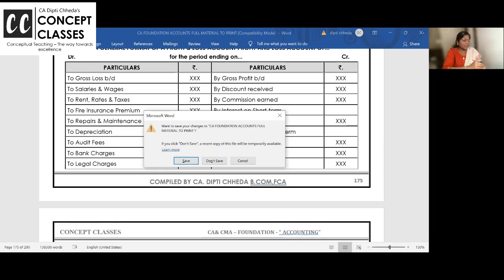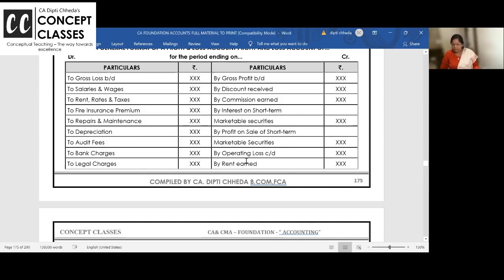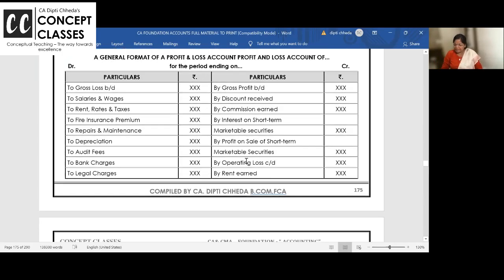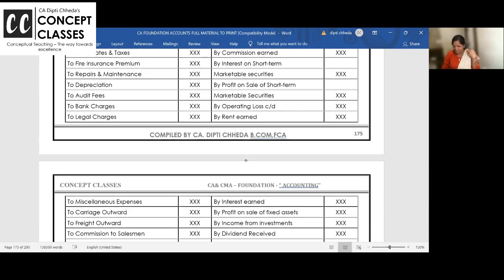So now what will you take? GP will come. And now all your other miscellaneous income, discount received. Do you receive discount from your creditors? Yes. Commission, interest on investments, profit on sale of short-term marketable securities, means investments, rent earned.